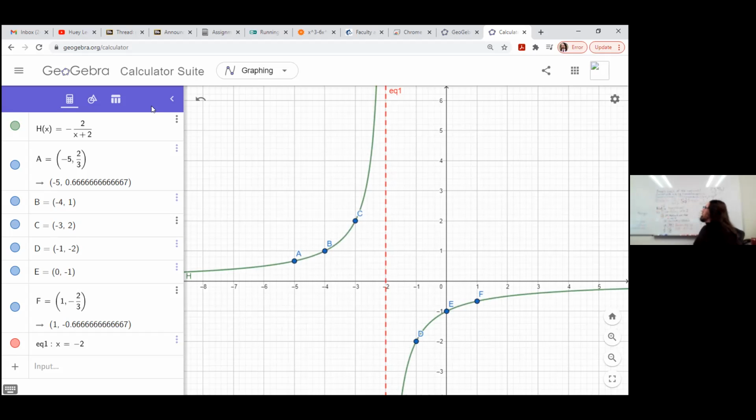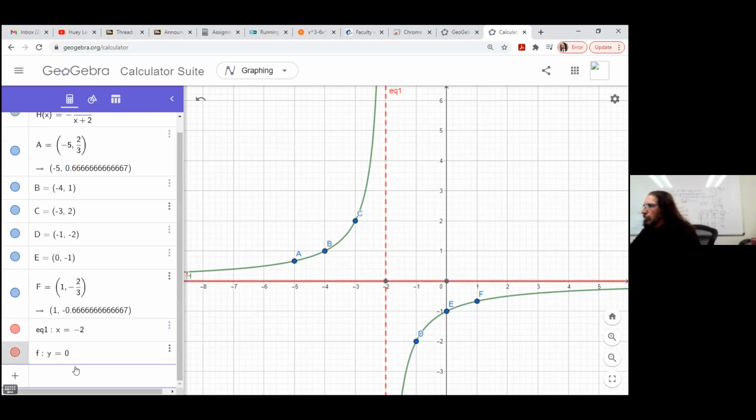As for the range and whether we have any horizontal asymptotes, well, the degree of this in the numerator is 0. The degree of this is 1. And whenever the degree of the numerator is less than the degree of the denominator, y equals 0 will be the horizontal asymptote. And again, I'll switch that color and style.